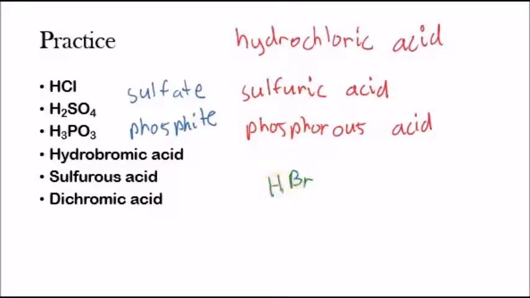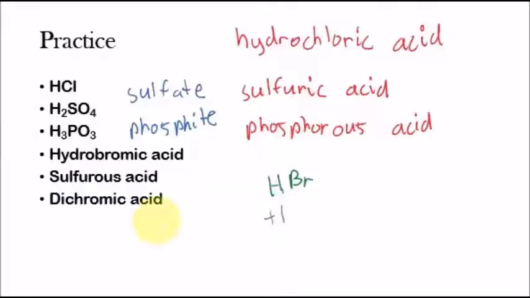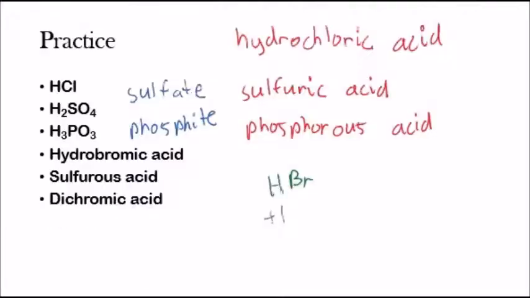Hydrogen has a +1 charge because of its row, and bromine is going to have a -1 charge because of its row. What I'm talking about is oxidation states. If you don't know what oxidation states are, I would advise you to go watch our video on oxidation states. So this bromine has a -1 charge. We have +1, -1, the charges are balanced, so hydrobromic acid is just HBr.